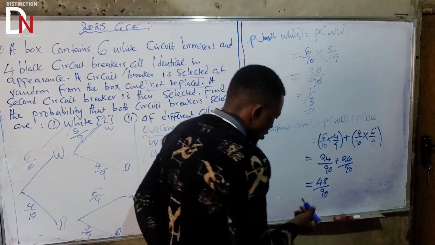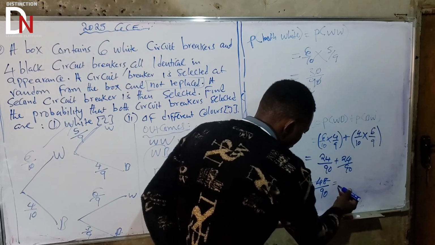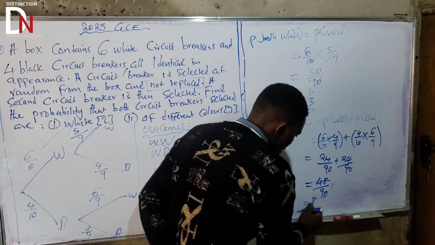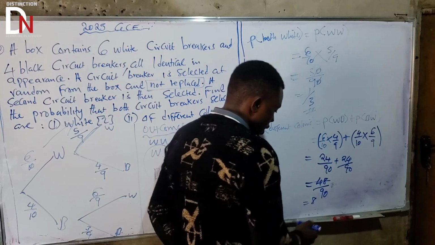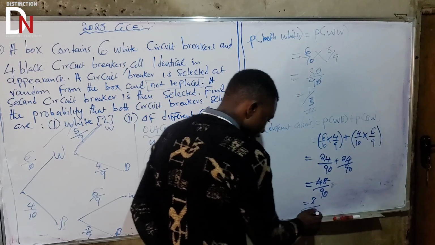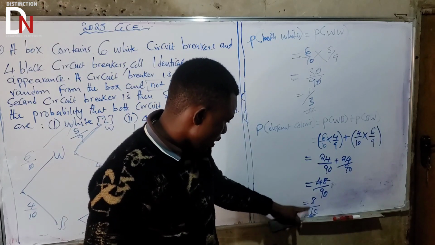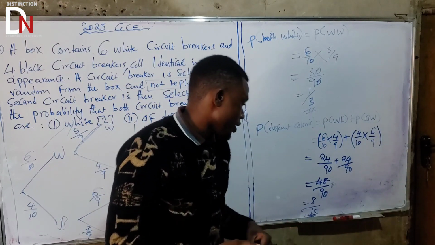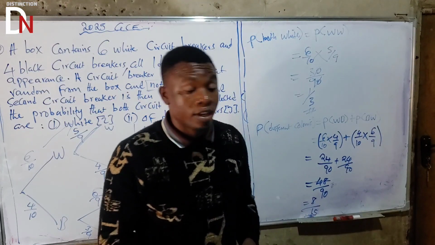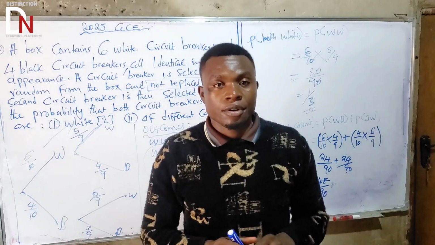If I say 6 into 48, I should be able to get 8. 6 into 90, I should be able to get 15, and this can't be reduced any further. There's no number which can go into 8 as well as 15 without leaving a remainder. So hence the final answer is 8 out of 15. Yes. So thank you so very much for your attention.